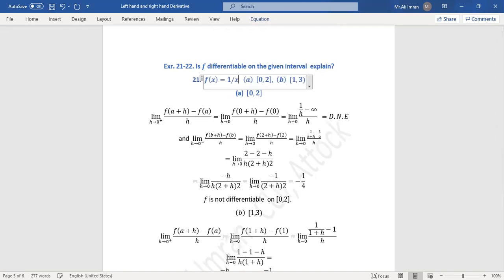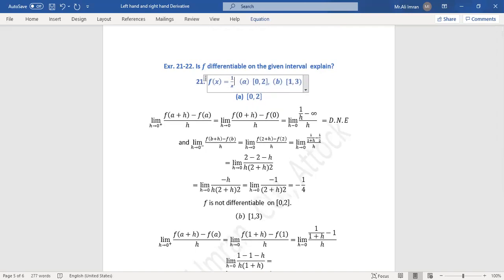We have to check the differentiability in the interval 0 to 2 and then 1 to 3 open interval. First, we will determine the differentiability in interval 0 to 2.